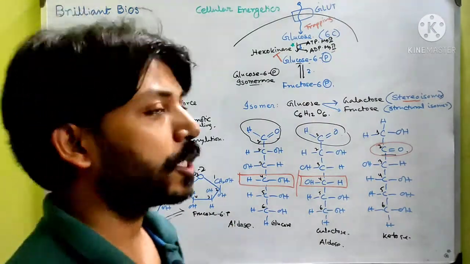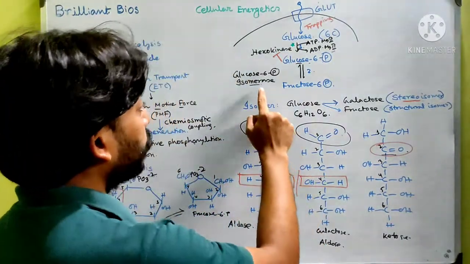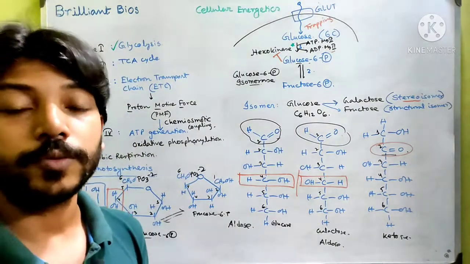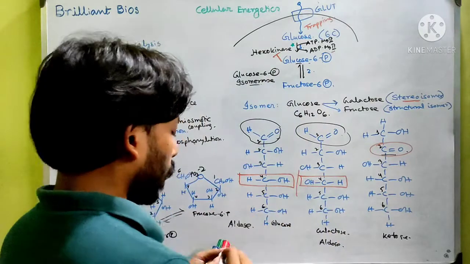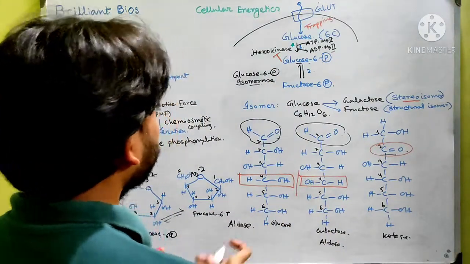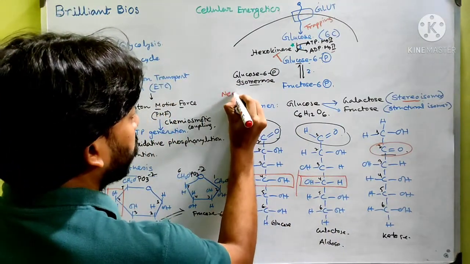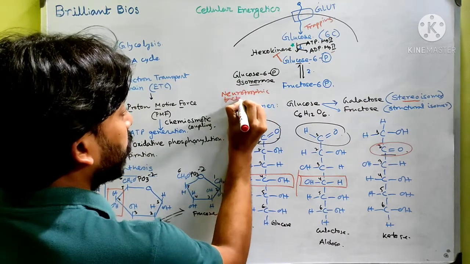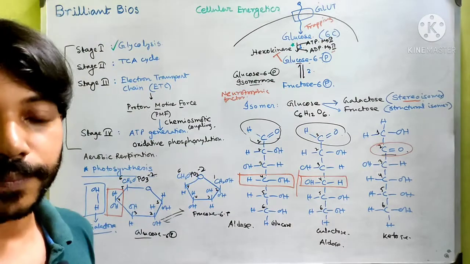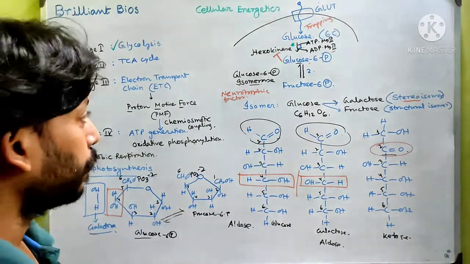Another piece of information I want to give you about this enzyme is that it can be secreted out of the cell. Glucose 6-phosphate isomerase can act as a neurotrophic factor. It helps in the survival of spinal motor neurons.